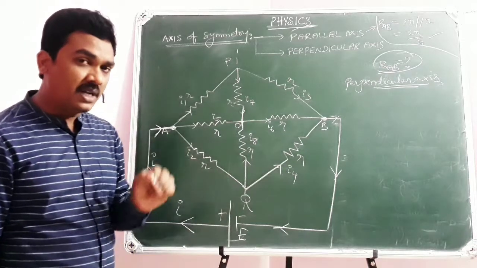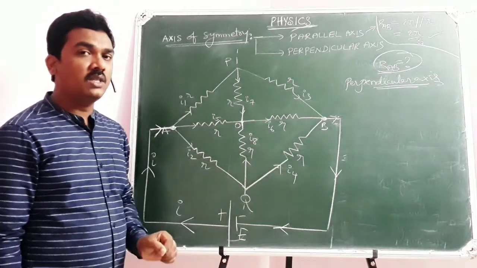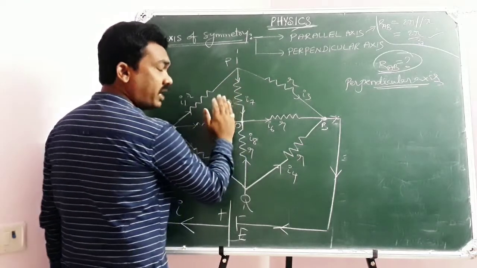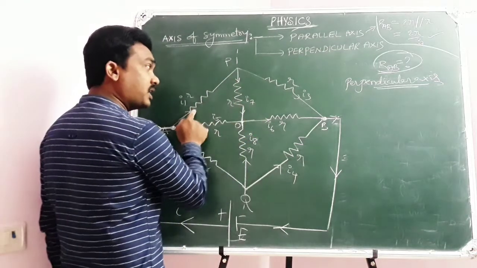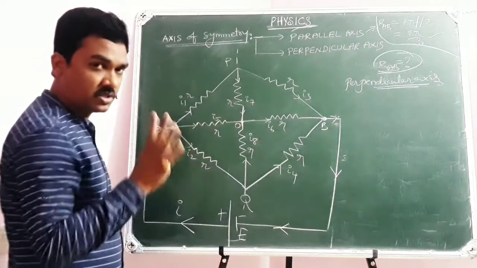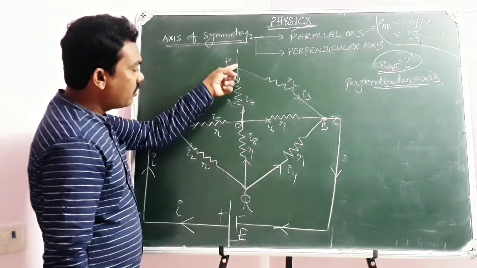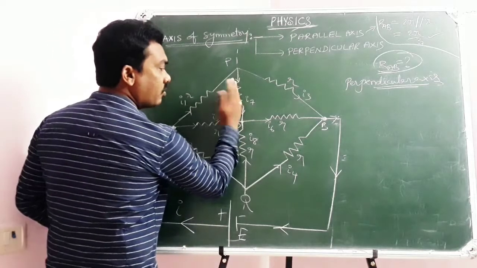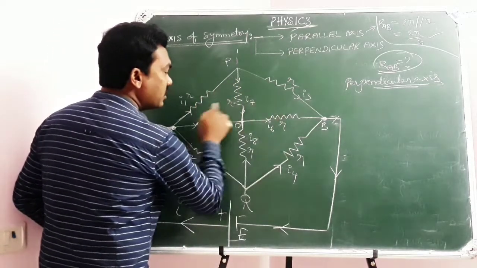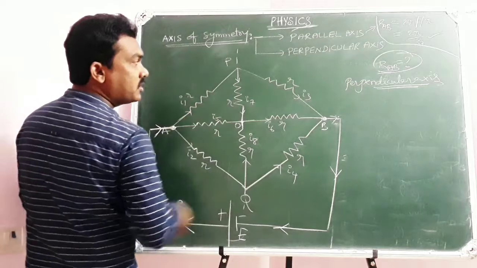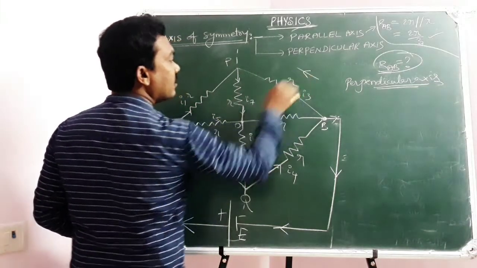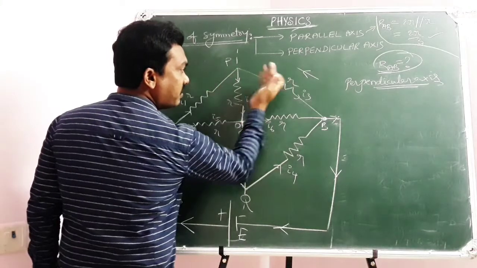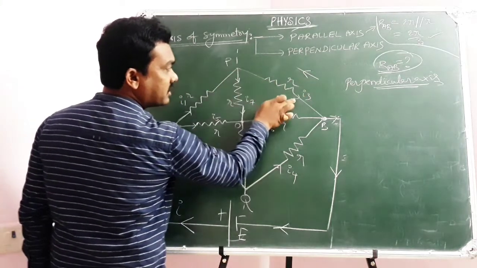But according to the perpendicular axis of symmetry, when you fold the circuit about the perpendicular axis, the circuit has symmetry, but the directions of current will not be mirror images. Imagine you are folding the electric circuit about the line PQ. Then I1, its mirror image should be like this. If this is I1, while folding about the PQ mirror, then the mirror image should be like this, but the direction of current is like this.